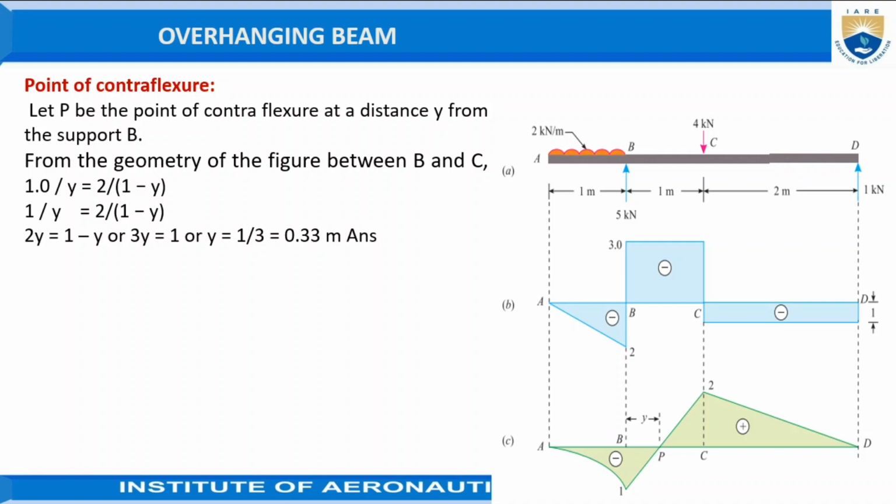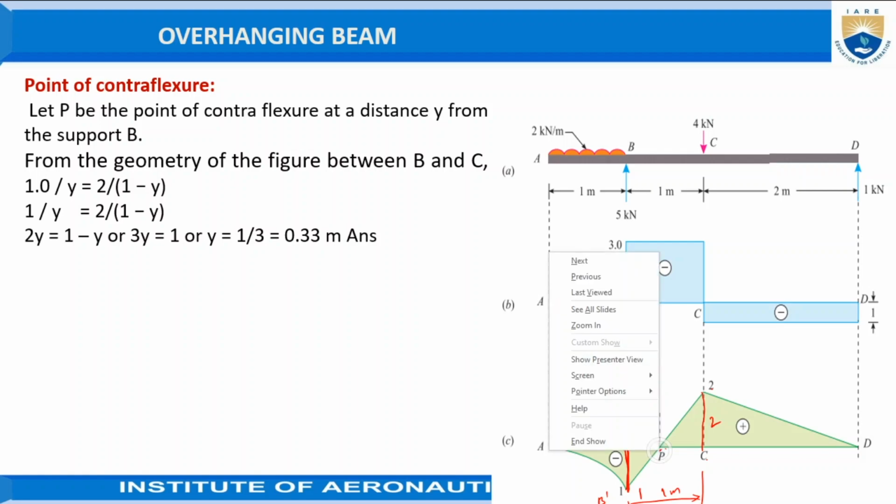Here, you do not get this point directly. I am considering one more triangle here. This length already determined is equal to 1, and this is equal to 2. The distance between these two points is 1 meter. Assume this is equal to y. So I am giving the points here: B, B dash, C, C dash, and P. Here the two triangles are similar.